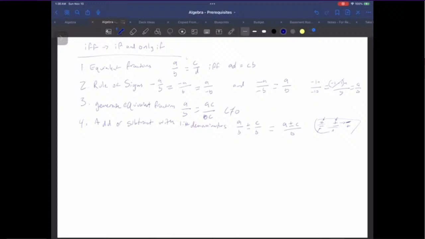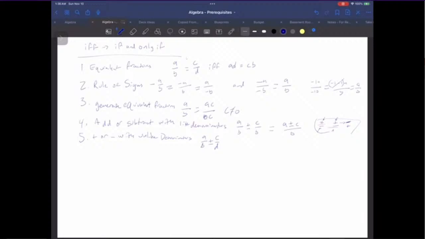If the denominators are not alike, then you have A over B plus C over D. It can be plus minus. What we do is we cross multiply. What we want to do is get a common denominator, as you've probably heard.